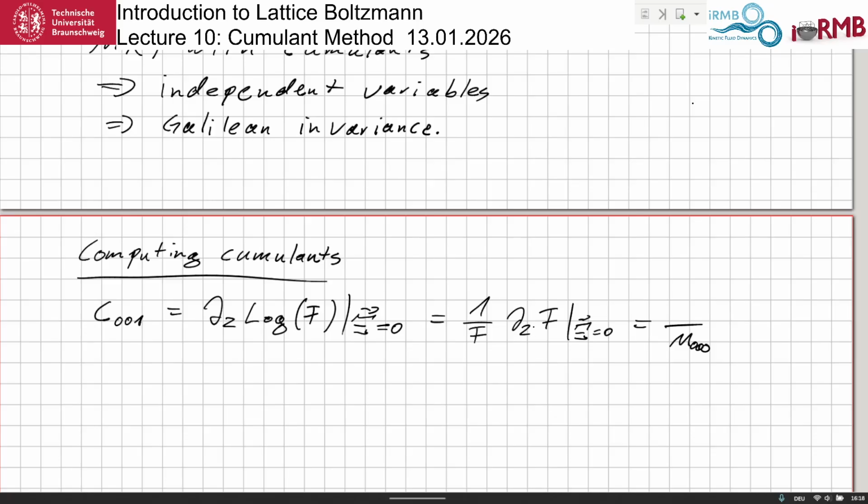Above we have the first derivative of f, which is the first moment, so we'll have m001 divided by m000. m001 is the momentum, rho times w, and this divided by the density comes out as the velocity.